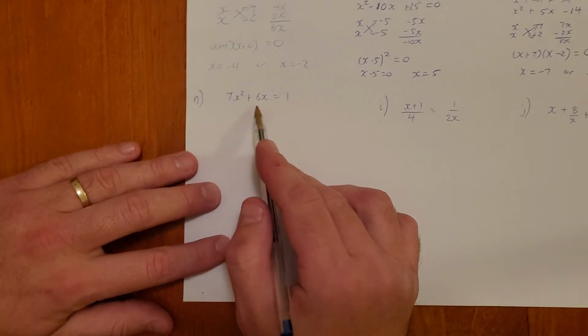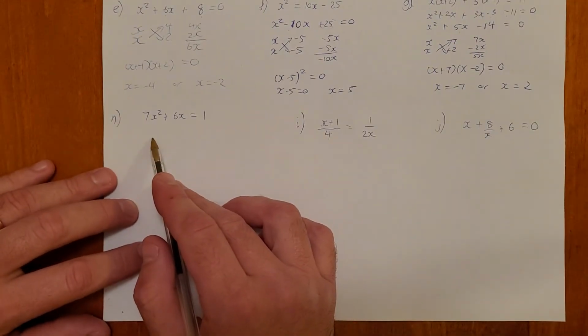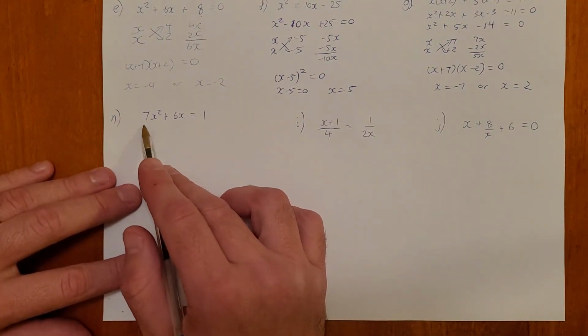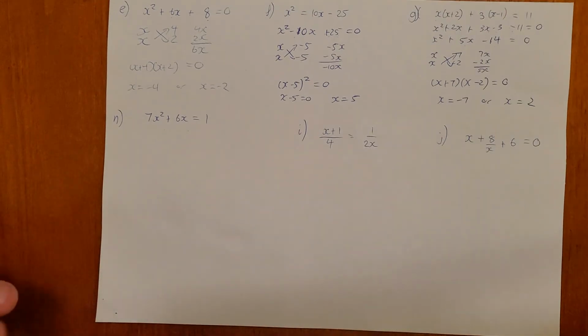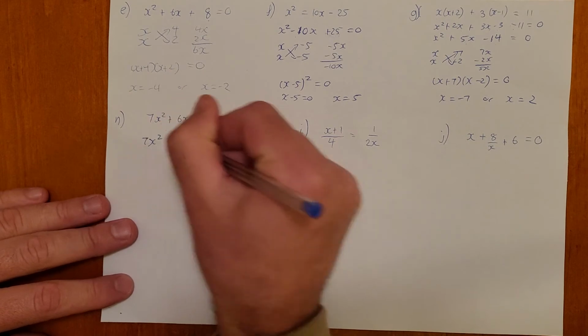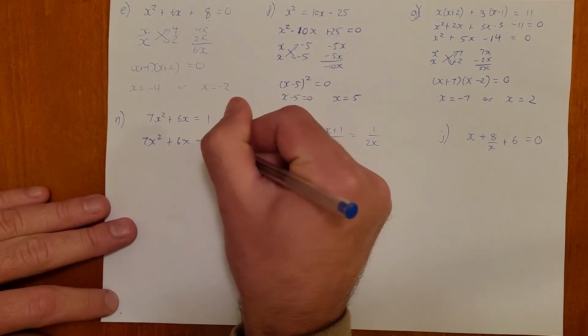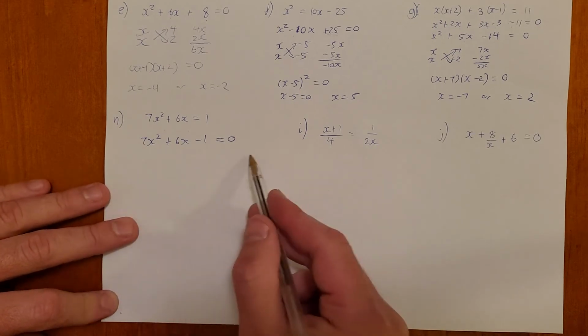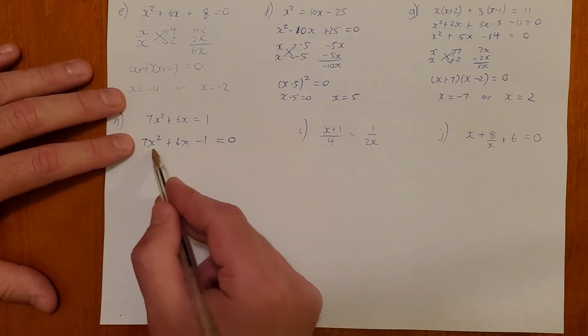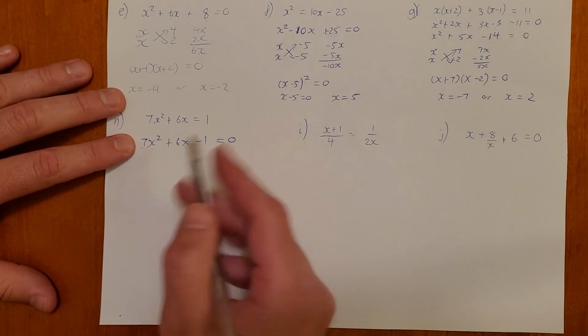Okay, up here. So now we have what's called a non-monic quadratic trinomial. So it gets even more complex. Still the same process applies. First we move everything to the left-hand side. So we've got 7x squared plus 6x take 1 is 0. And then we're looking to factorize this. So we have to go, what things multiply together to give us 7x squared?